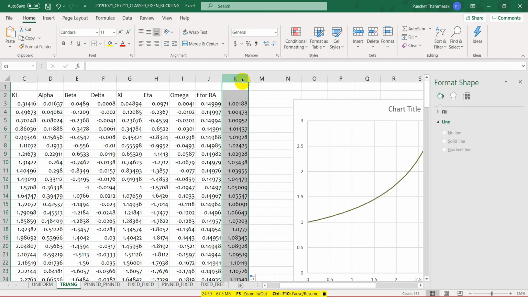Tomorrow we will have a class over here, in this room. I'm going to show you the programming for the frame structure, 2D planar frame. So we start at 7:30 as well.